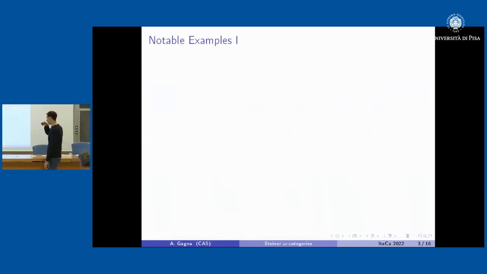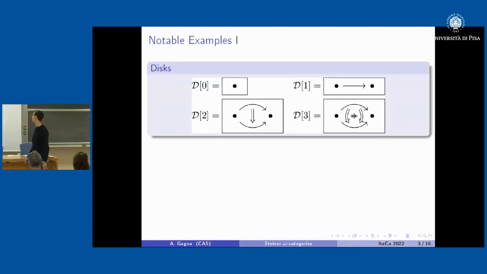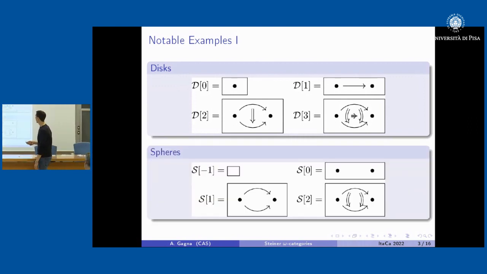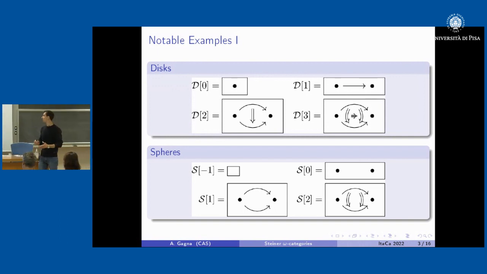Okay, let me give you some examples and some notable examples. So, probably the most important examples are the disks, and the disk co-represents arrows. So, if you take omega functors from D0 to an omega category, these are precisely the objects. With D1, you have the one arrow, with D2, the two arrows, etc. And if you want to think about omega categories a bit geometrically, you want to have disks and spheres.